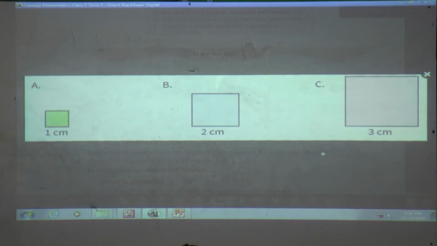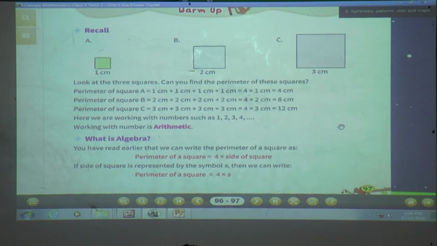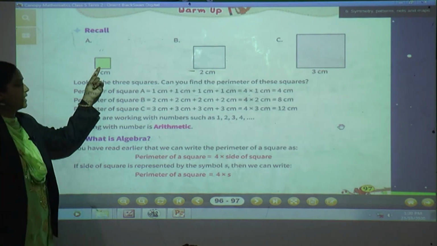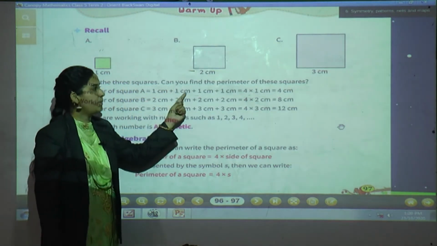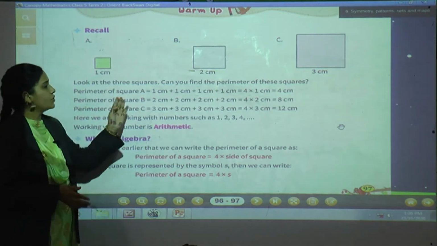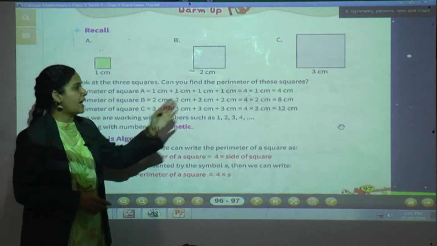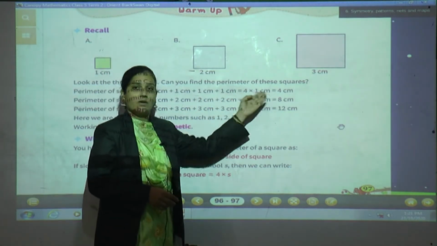So, here, see, perimeter of square A, that means 1 centimeter plus 1 centimeter plus 1 centimeter plus 1 centimeter. So, instead of writing 4 times 1, I can multiply 4 by 1.